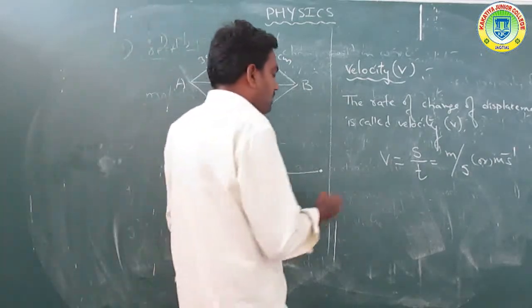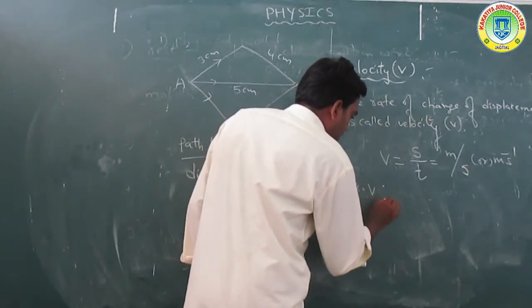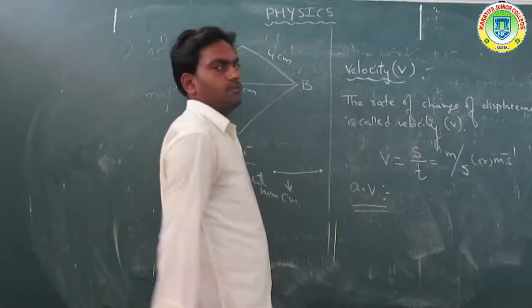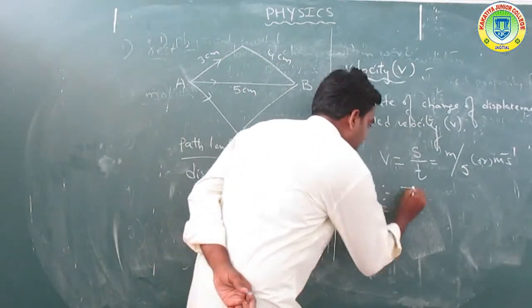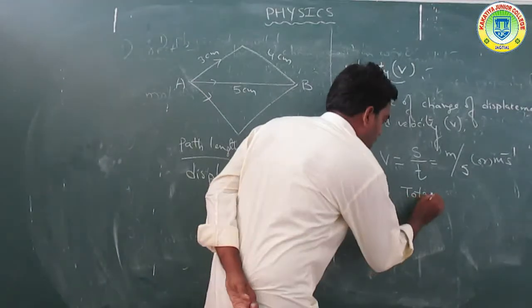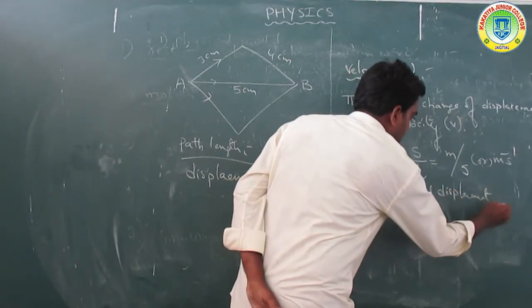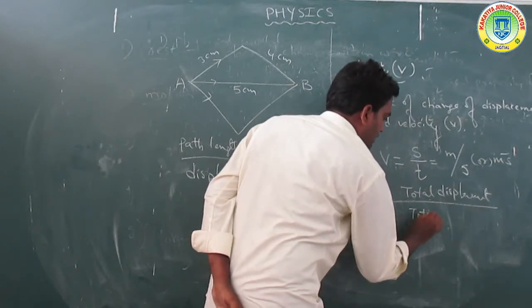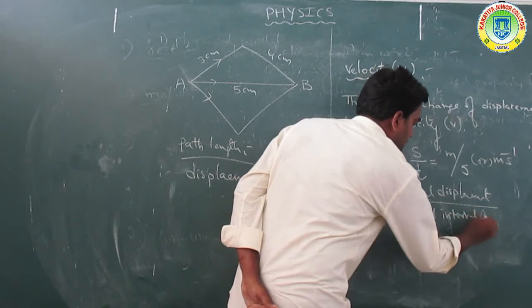Now, what is the average velocity? Average velocity is nothing but the total displacement by the total interval of time.